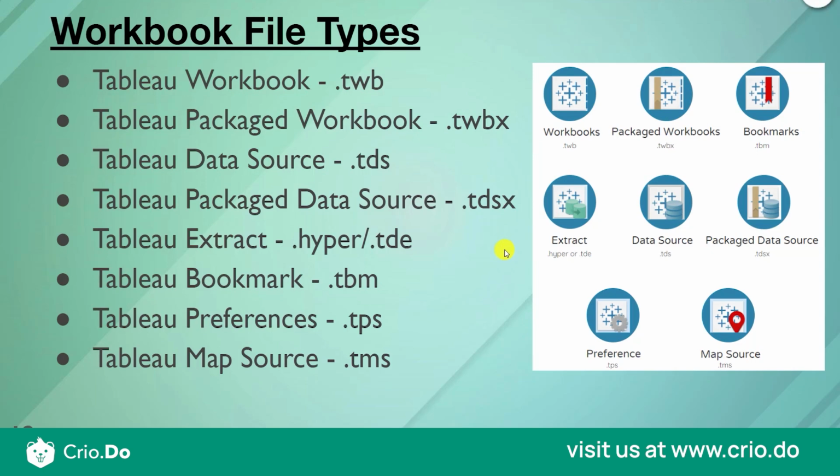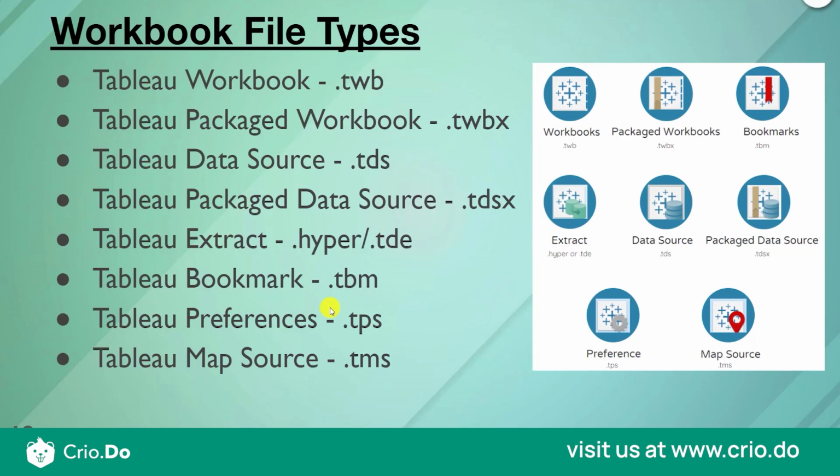This is a .tps file. Tableau preferences basically come with the companies, or the business units or organizations. Most companies prefer their own colors, their own formats, etc. And all the colors will be given to us as a .tps file, and these .tps files will be added to our repository at the backend, and this will come up in your drop down option whenever you click on that color.